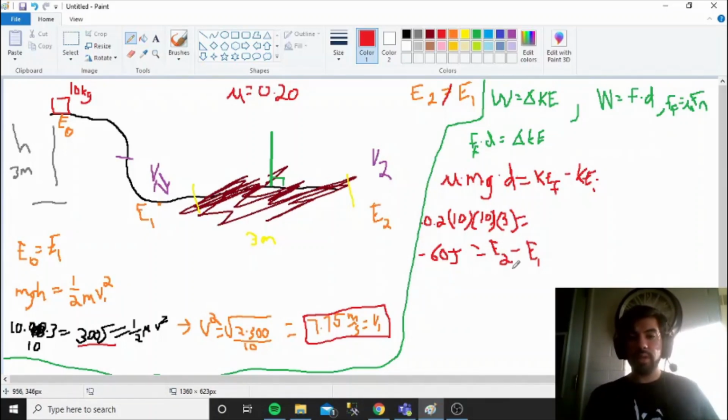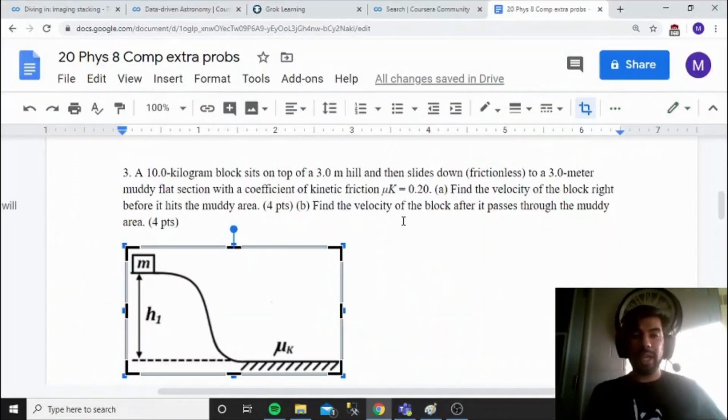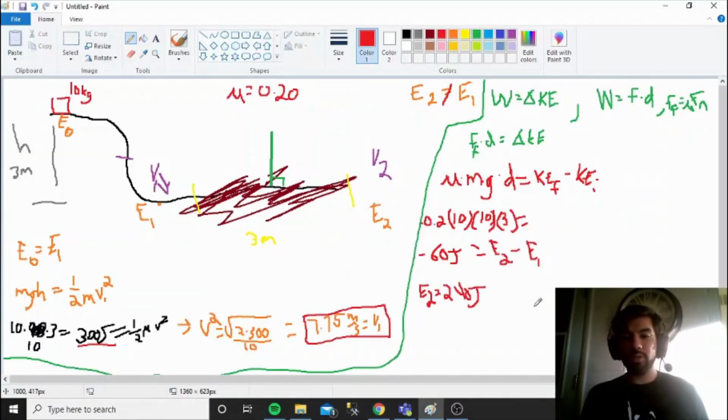If you do that, you just add E1 to both sides. So 300 minus 60 is going to be 240. So E2 is equal to 240 joules. Again, this is a challenging problem. I didn't ask you for the kinetic energy. I asked you for the velocity, so 240 equals 1/2 mv squared.